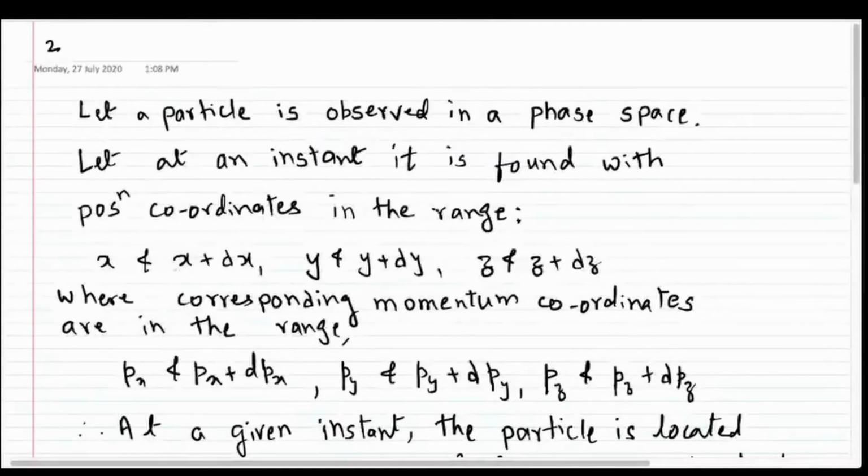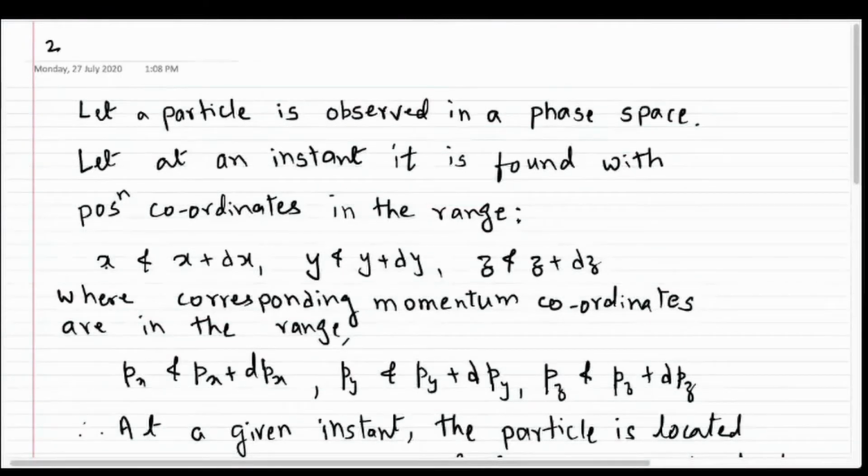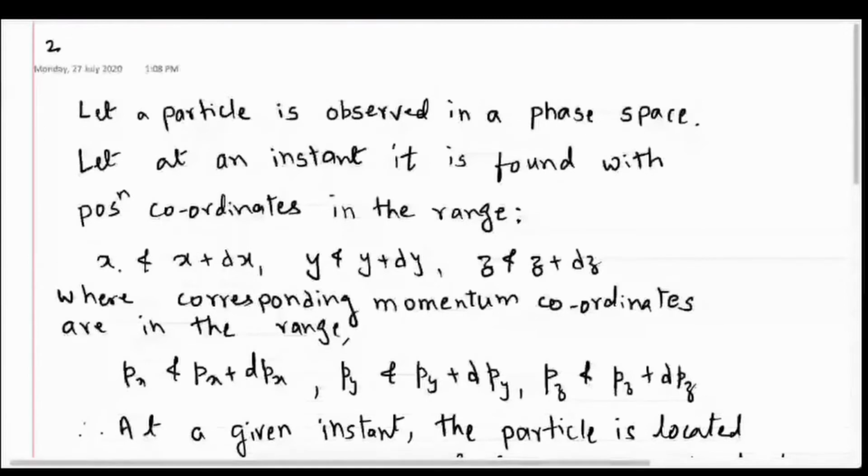When we are actually detecting this particle, we cannot say that it's observed exactly at a position with coordinates x, y, z. But we can say that it is anywhere within this particular range of x coordinate, this range of y coordinate, and this range of z coordinate.